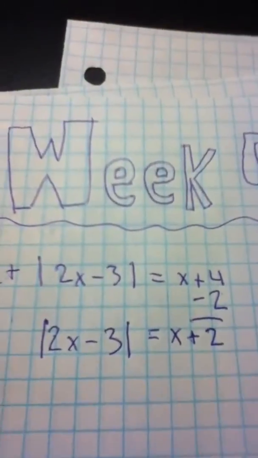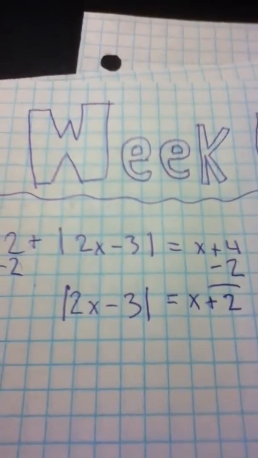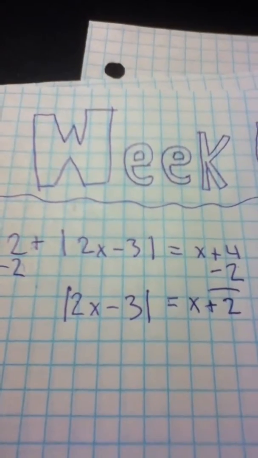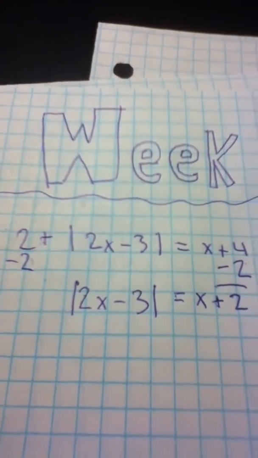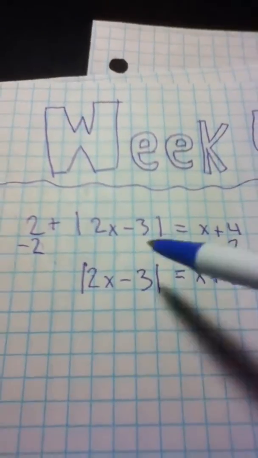Okay. And then with absolute values, there are two different answers that you can get. There can be a positive or negative answer.